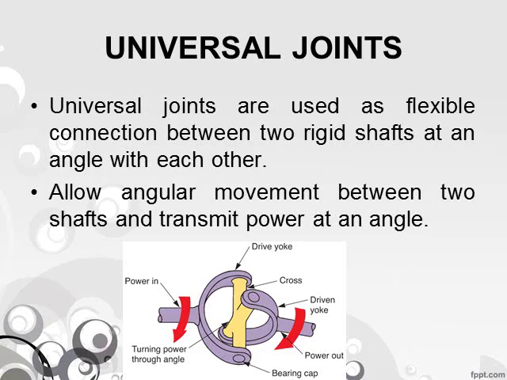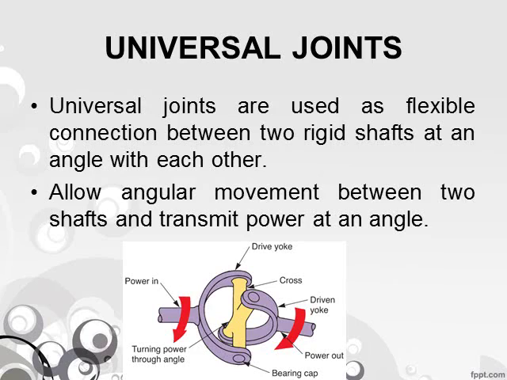The construction of a universal joint consists of two Y-shaped components called yokes, one from the power input shaft and one from the power output shaft. Both are connected with the help of a special member called the cross, also called the spider.